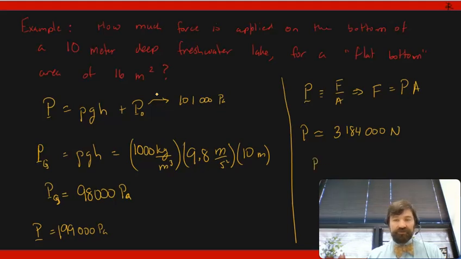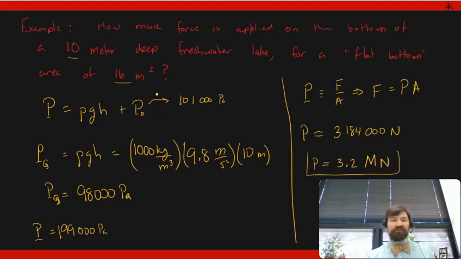And if we round this off to 2 significant figures, as warranted by all the numbers we're given up here, this is about 3.2 meganewtons of force, or 3.2 million newtons.